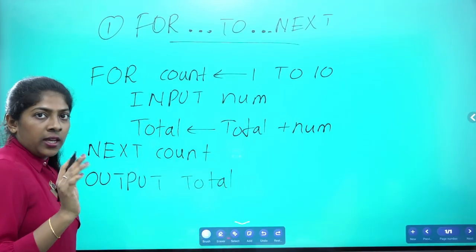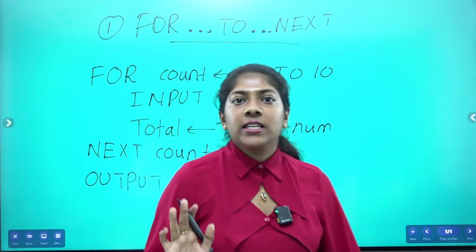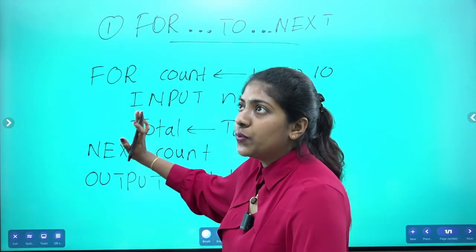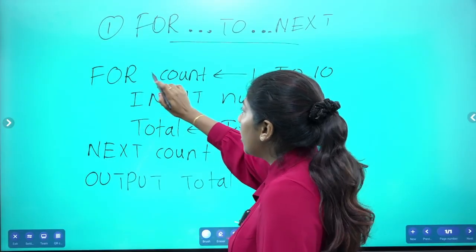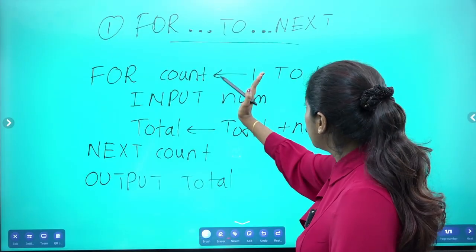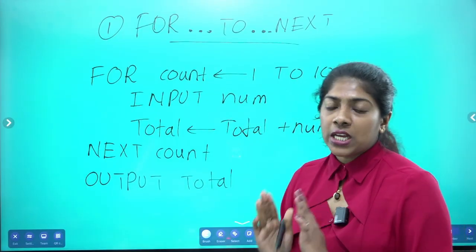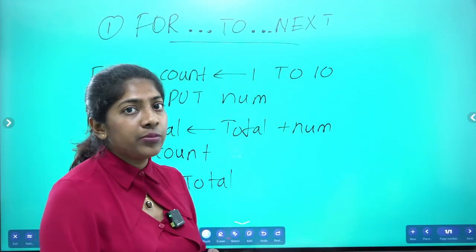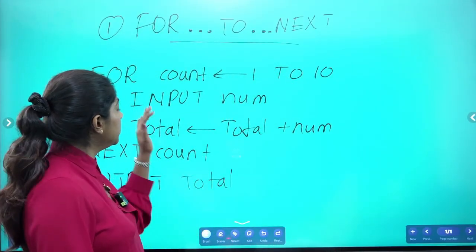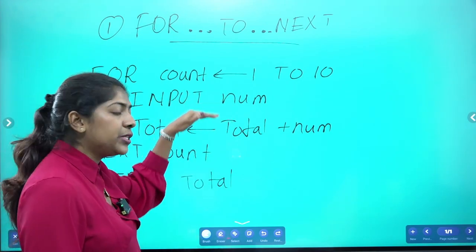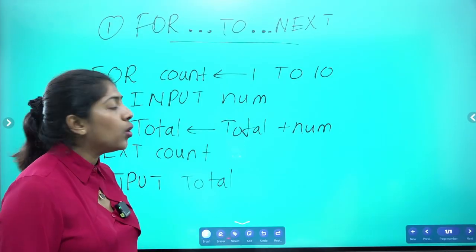I will quickly explain this simple program. What it means is we have to run the loop from count equals 1 to 10. Starting from 1 until 10 means 10 times the loop should run, and while running the loop you have to perform these instructions or the code lines.